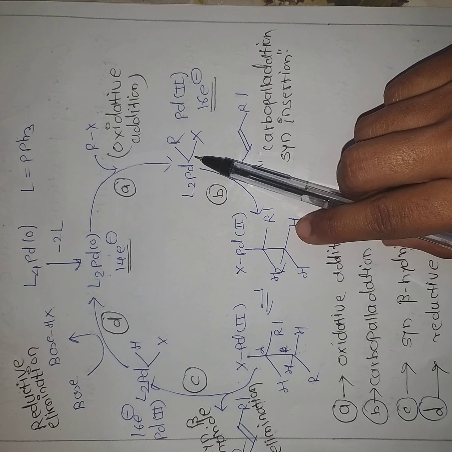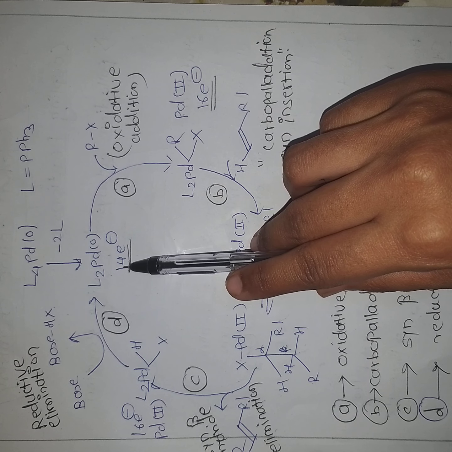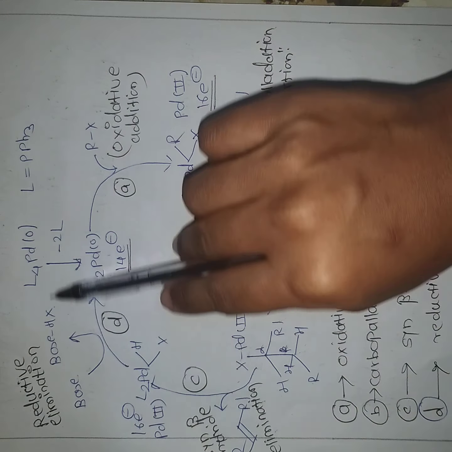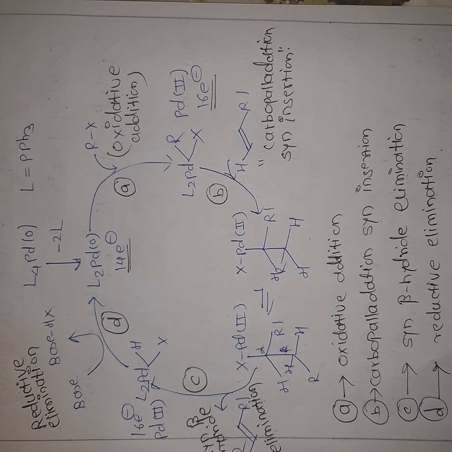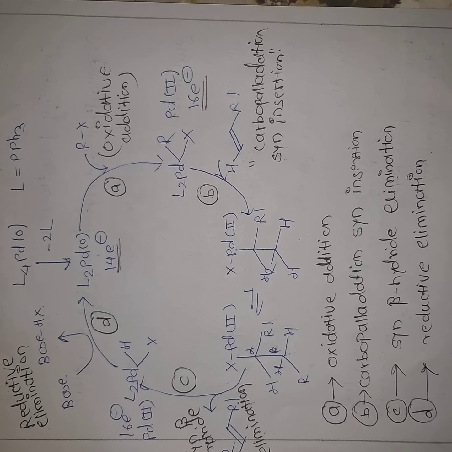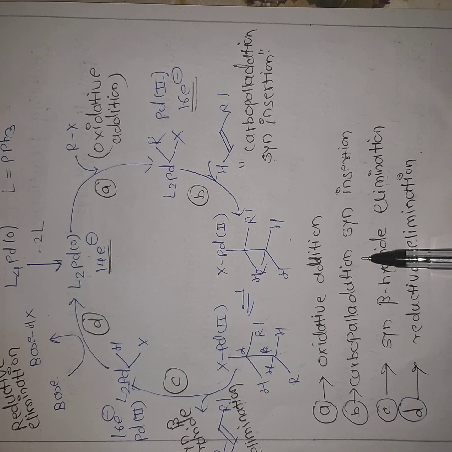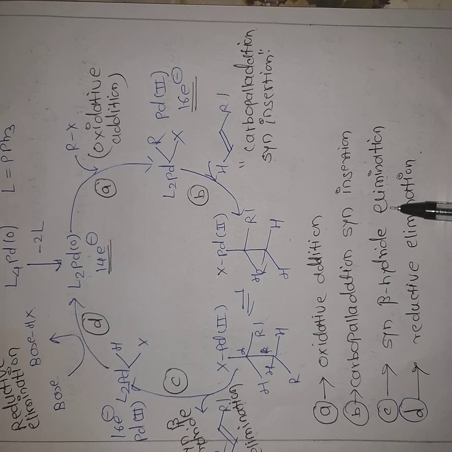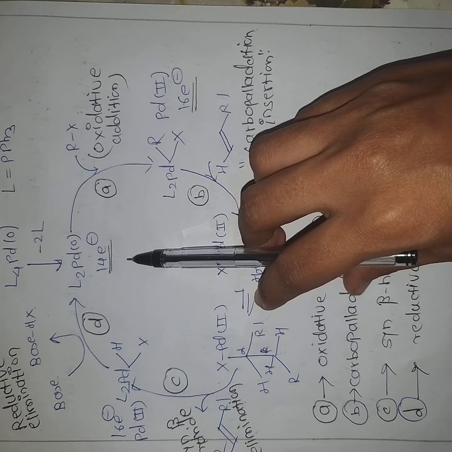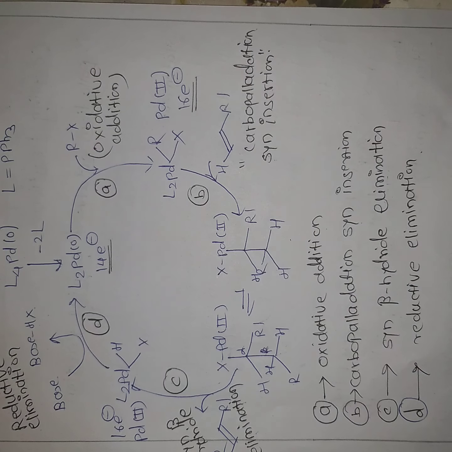After oxidative addition it becomes 2. After reductive elimination it becomes 0. That's why we call such types of reactions coupling reactions. In short, Heck reaction involves oxidative addition, carbopalladation means syn insertion of an alkene, followed by syn beta hydride elimination, followed by reductive elimination to regenerate the catalyst in its initial oxidation state.